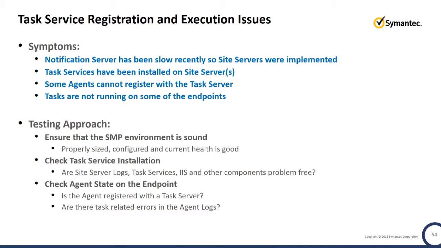So task service registration issues. Make sure the SMP is sound, obviously. Make sure that you've installed the task service properly. And make sure the agent state on the endpoint is in good shape. So it's both sides. It's the task server as well as the agent.